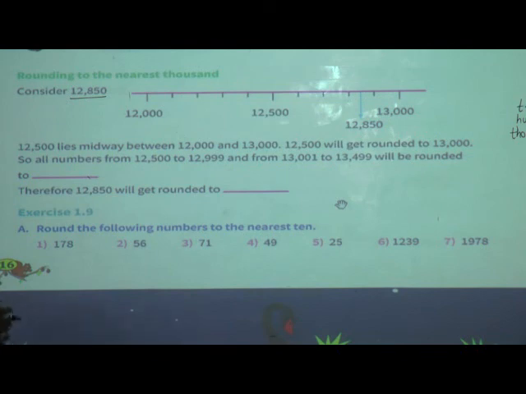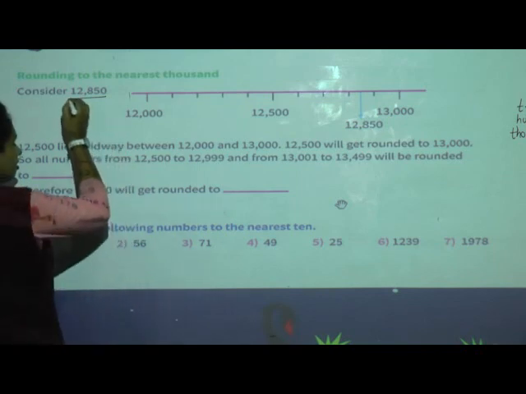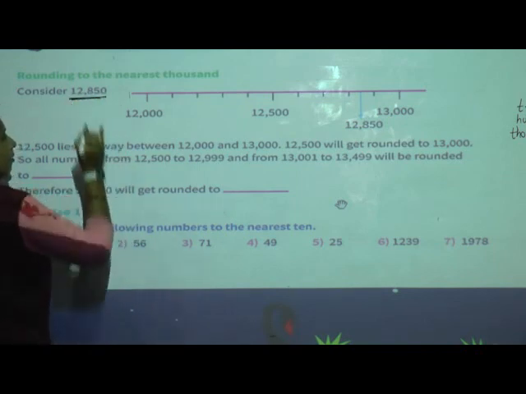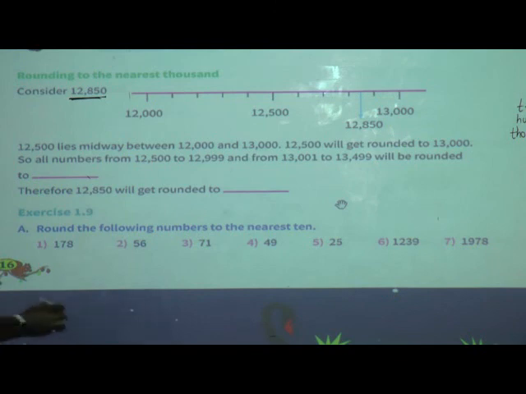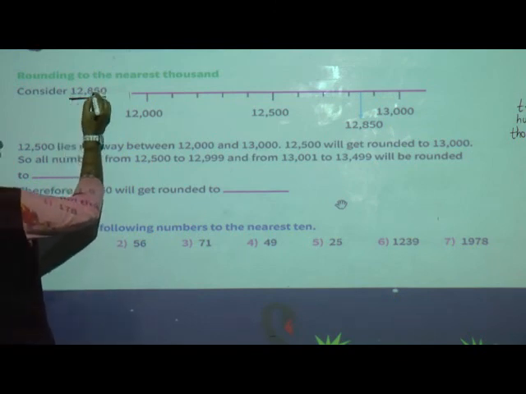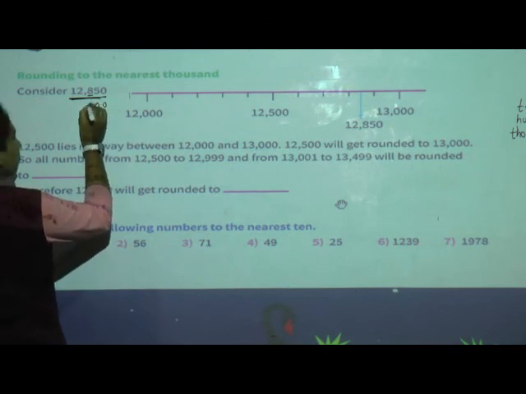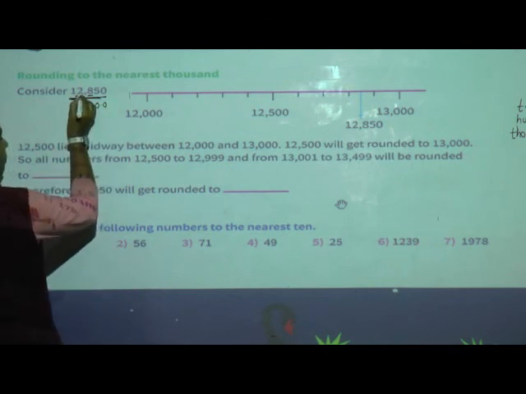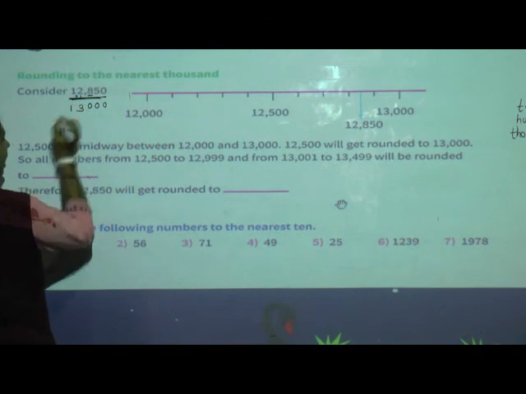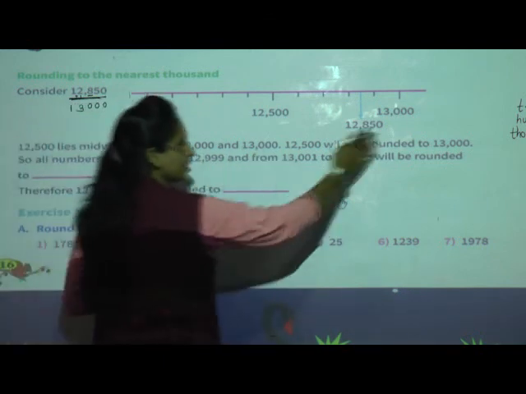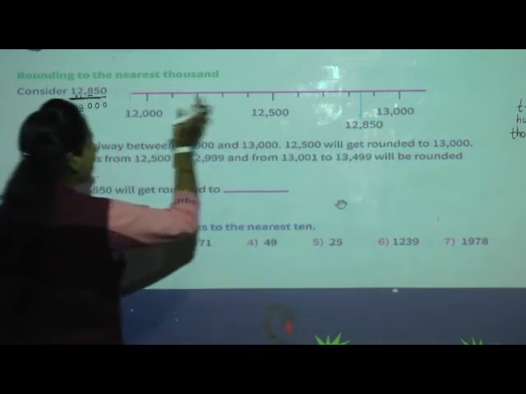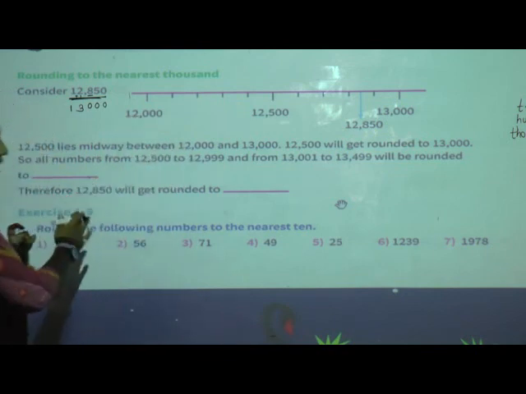Now what we have to do? We have to find out the rounding number nearest to this number. First see the hundreds place. What is there? 8. So just place the zeros. Add 1. So here we'll get 3 and 13. So upside we have to write 13 and this side 12,000.